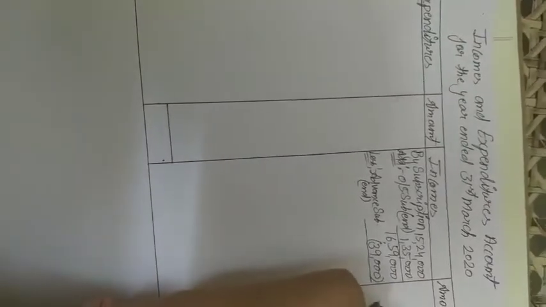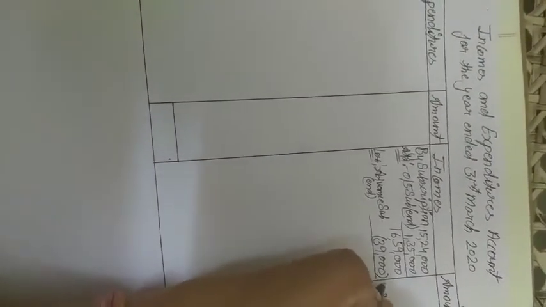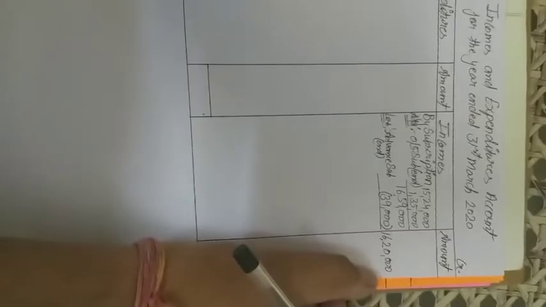We subtract it from here, and 16,20,000 rupees subscription will be transferred to the income and expenditure account. That is the net income of the current year only related to subscriptions. So the first adjustment we have solved.